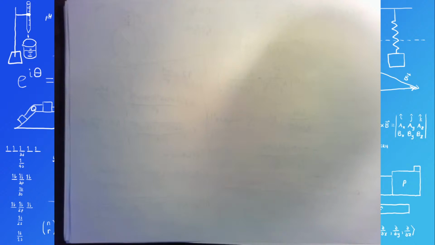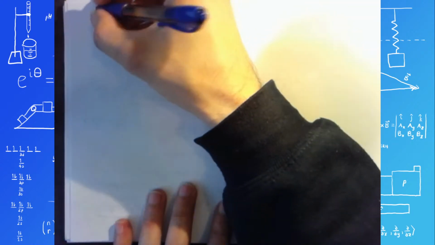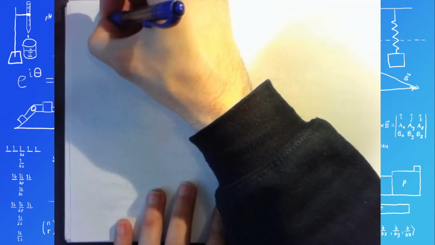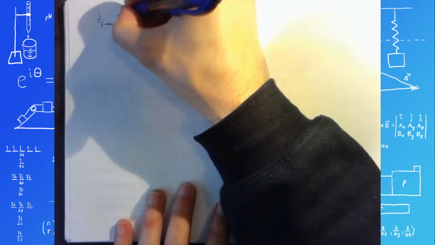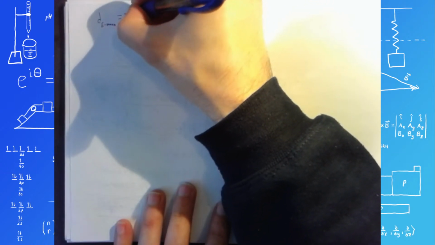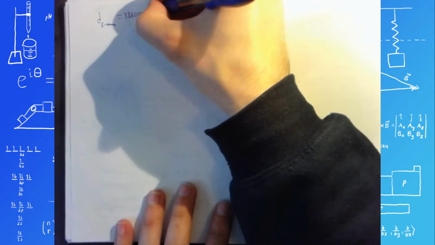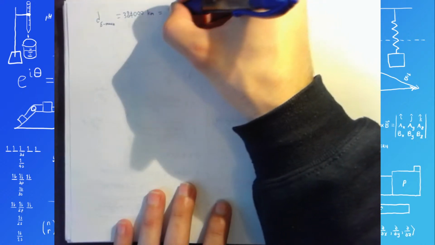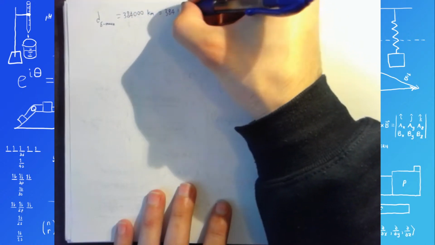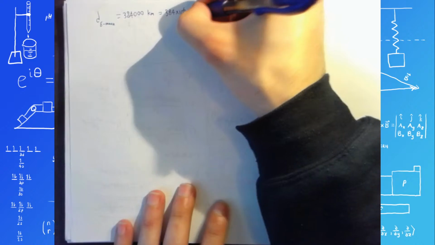So here's a problem that says the average distance separating Earth and the Moon is 384,000 kilometers. Distance Earth to Moon is 384,000 kilometers, or 384 million meters, 384 times 10 to the 6 meters.